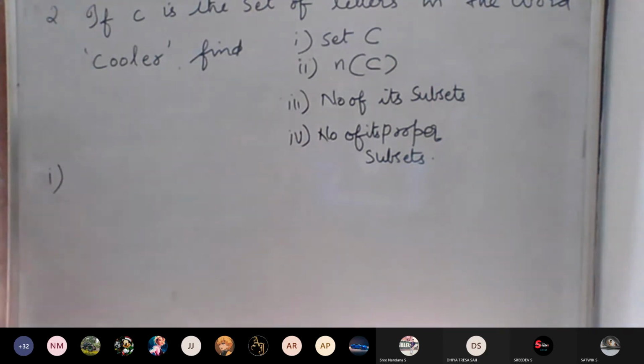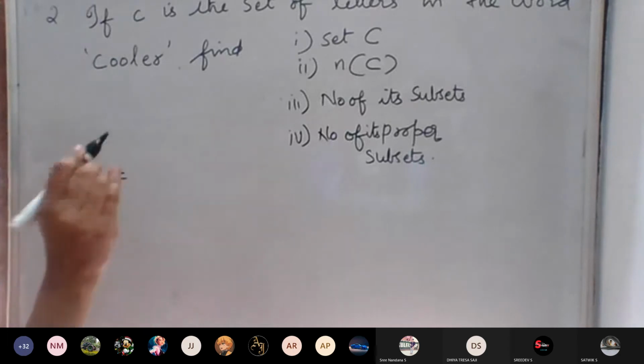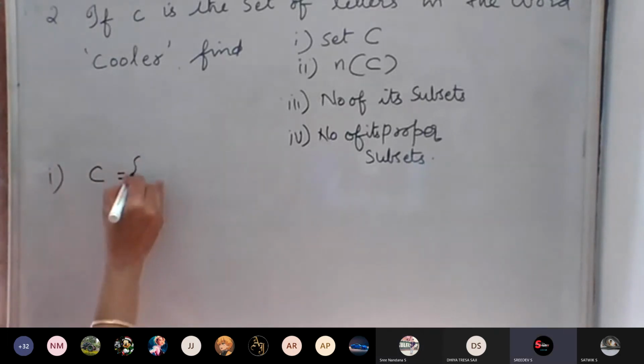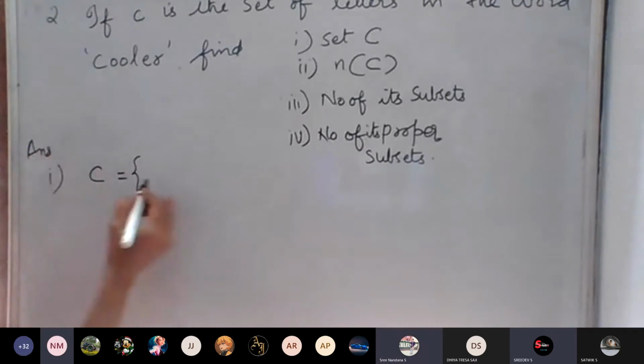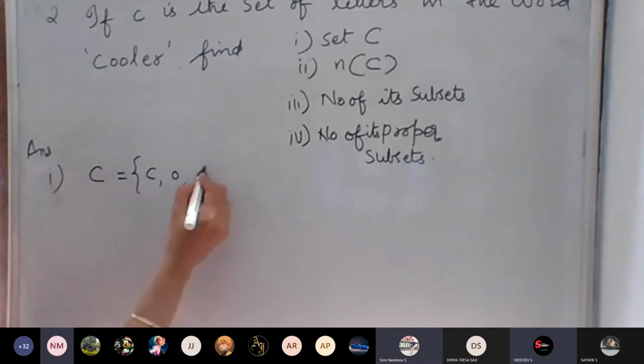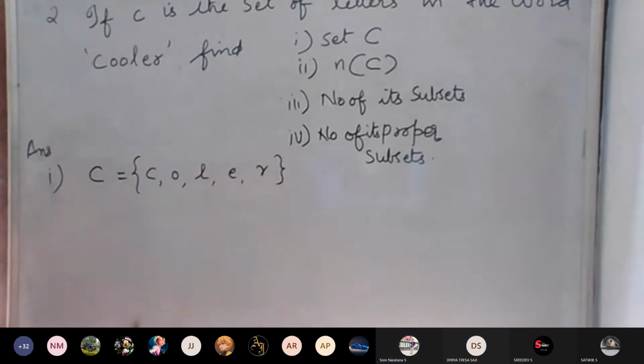So first we do set C. C is equal to C, O, N... actually C, O, L, E, R. That's all.